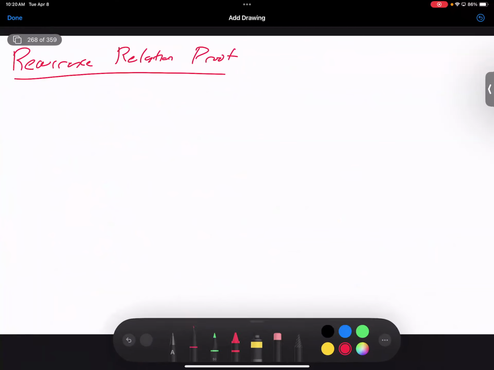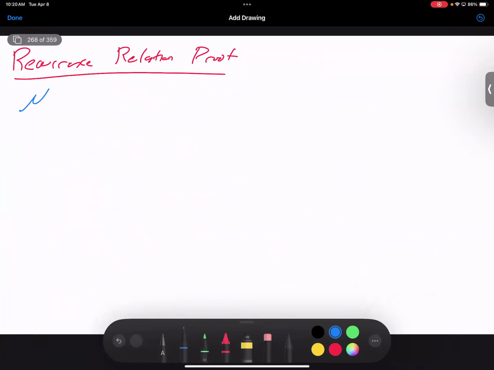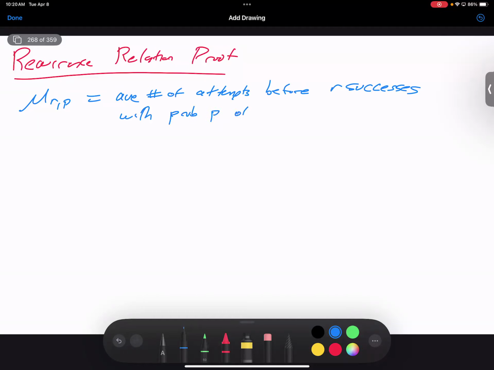Let's let mu_RP equal the average number of attempts before our successes, with probability P of success each time.